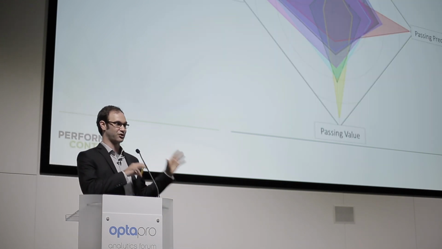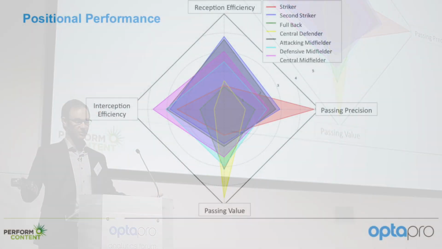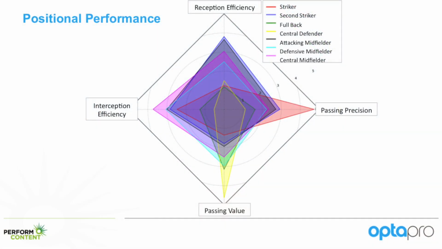Just to show you where we're heading, here's a positional performance radar chart. Because we're using tracking data, we're keeping this completely anonymous. This is just aggregate player positions. Not going to discuss any team in particular. What you can see here is that these different metrics that we end up computing, and we're going to go through the computation of that, give a bit of a DNA of different players and different player positions.